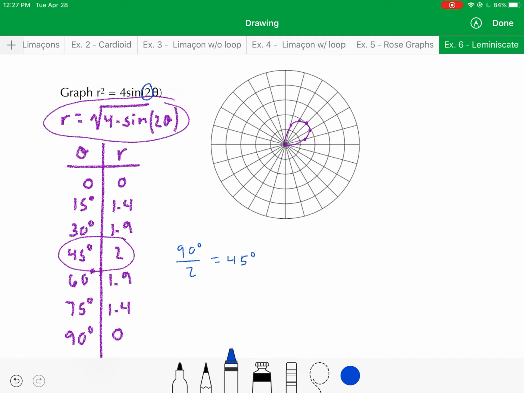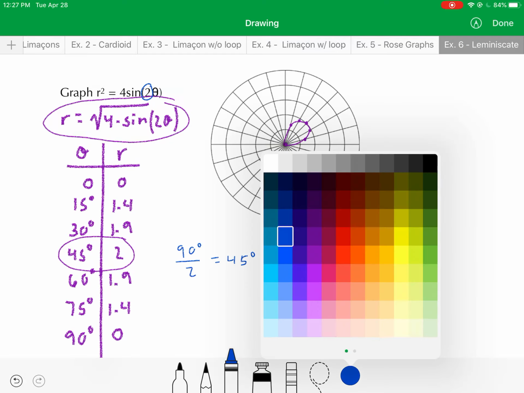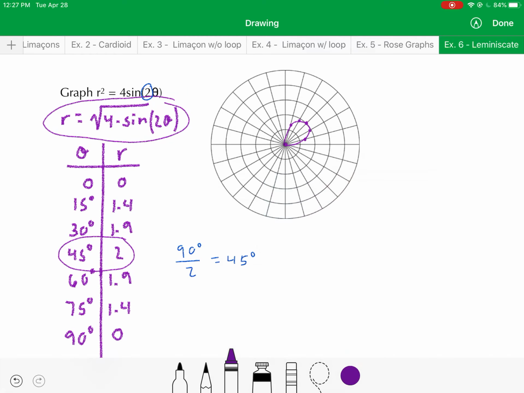All right, now if you were to plug in numbers between 90 degrees and 180, or any other angles that are in quadrants 2, 3, and 4, you'd see the orientation for the rest of this graph would be as follows. There's symmetry with the pole, actually. So another furthest point away from the pole would be at 225 degrees.